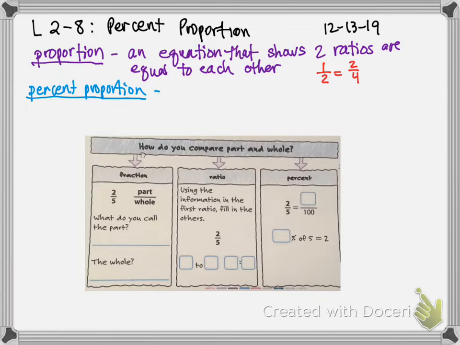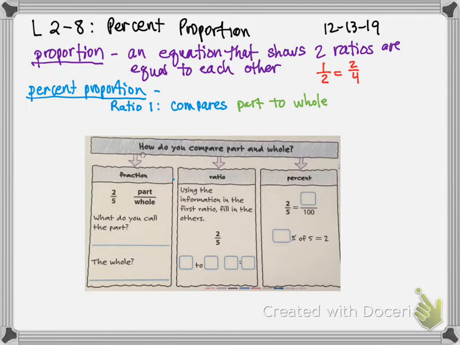So a percent proportion has two ratios, but each ratio has its own job. Ratio 1 compares part to whole. We talked about that back with ratios.